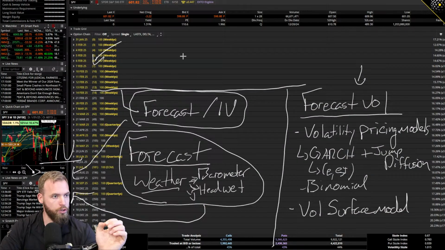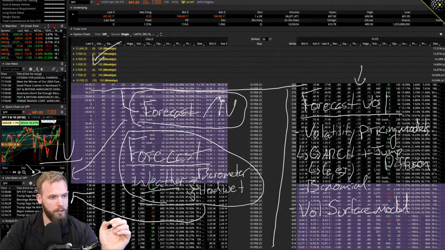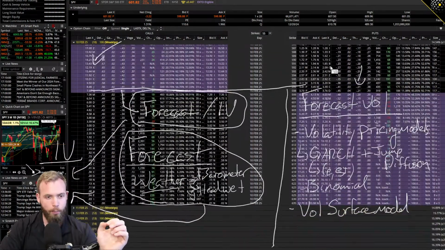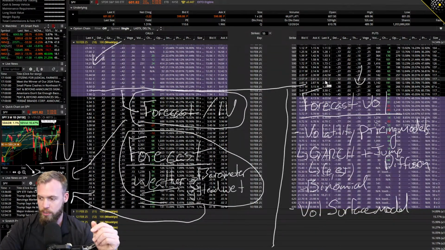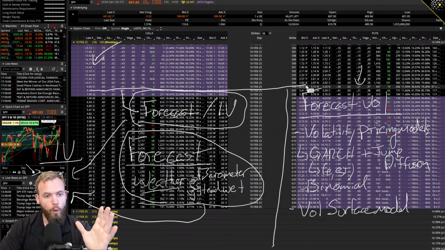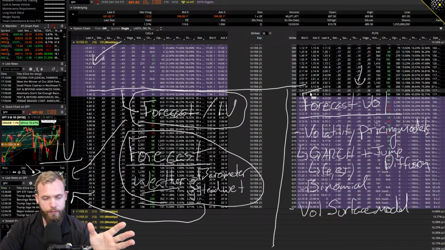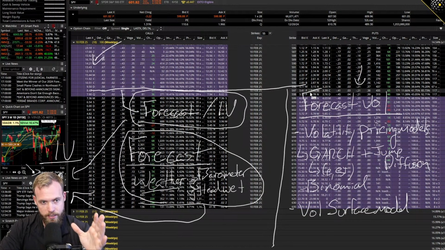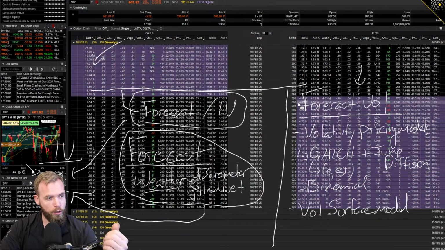Because if we go into an options chain and we look at the price of any of these, this is just looking at SPY. When we look at all of these different options, we know all of the individual inputs that are going into this options price. Let's call it the 600 puts. We know the price of the underlying.